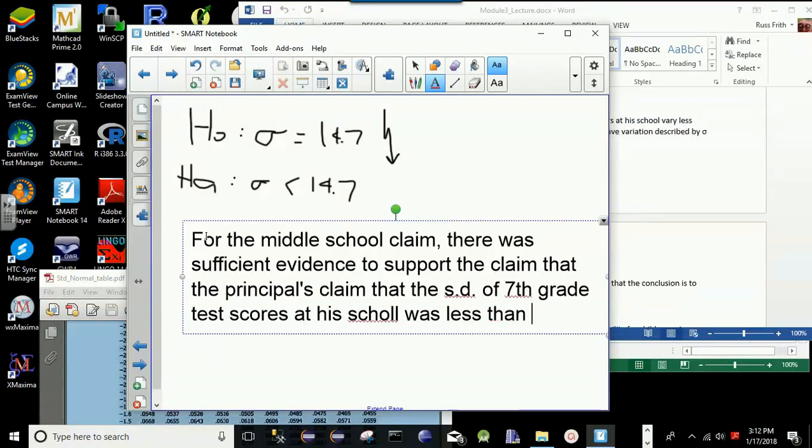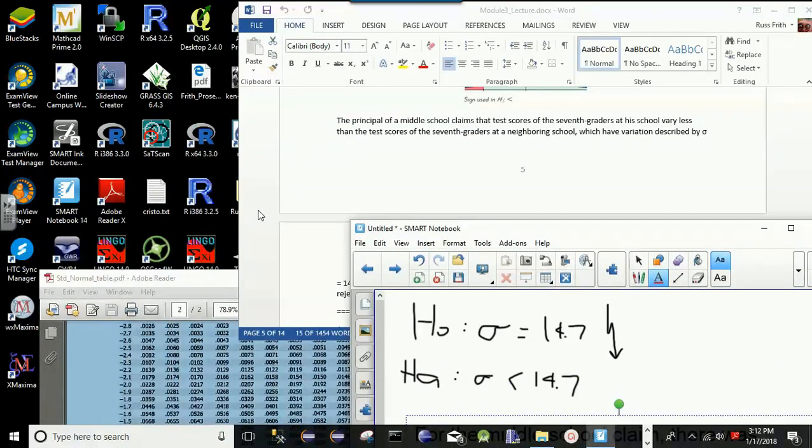So there was sufficient evidence to support the principal's claim that the standard deviation of the test scores at his school was less than 14.7. So that's the non-technical conclusion. Seems straightforward enough.